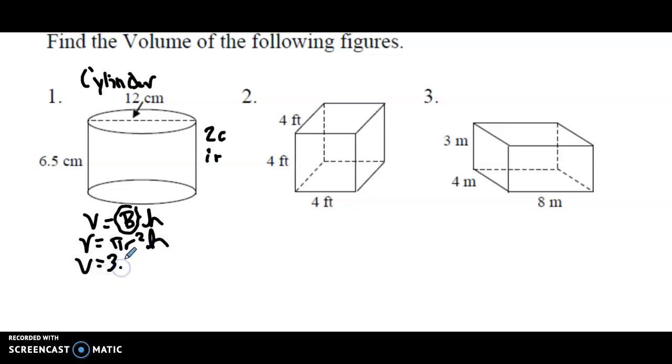Pi is 3.14. We need the radius. This 12 is all the way across, so the radius is half of that, so that's 6 squared. And the height is the distance between the circles. That's going to be 6.5. You're going to type that into your calculator exactly as written. And we're going to get 734.76 centimeters cubed. And that's the answer.